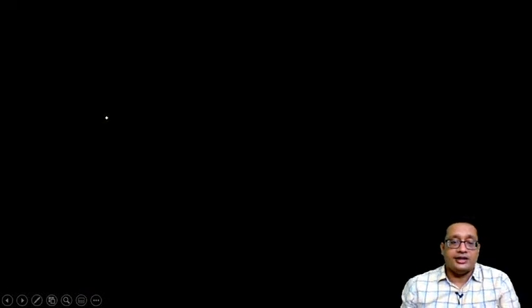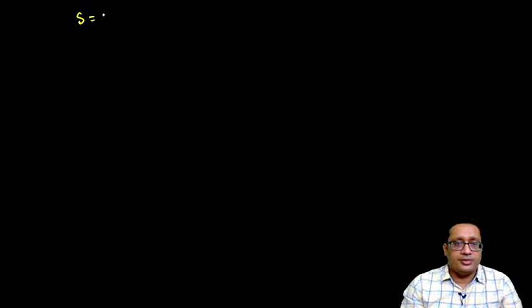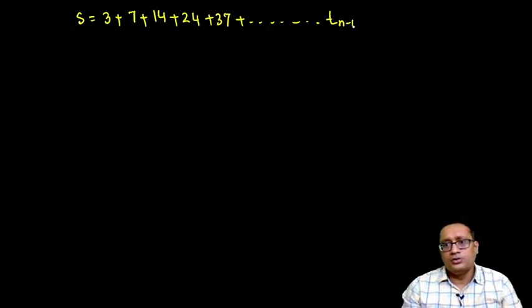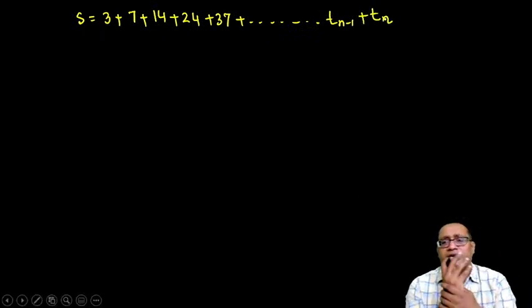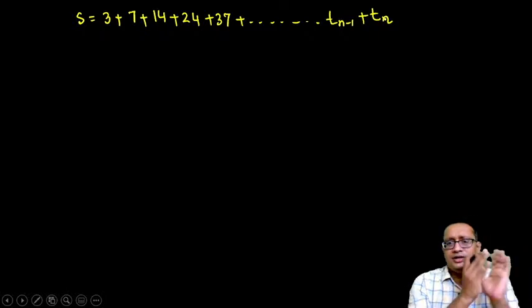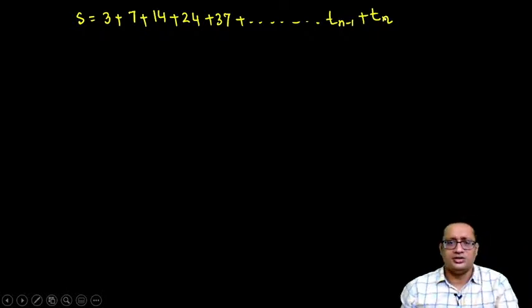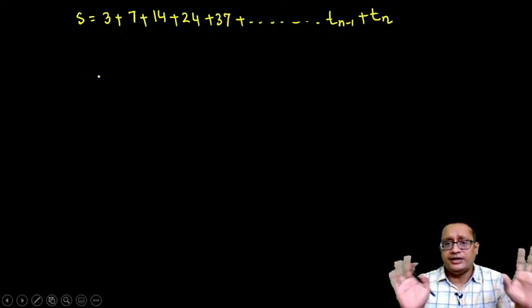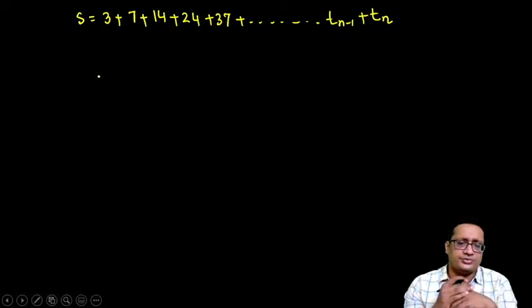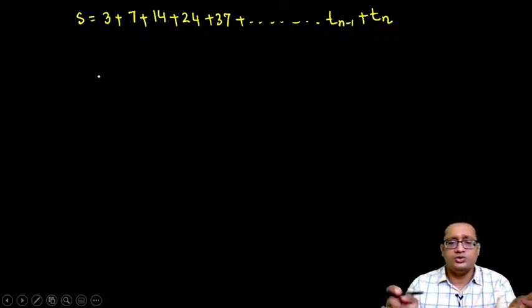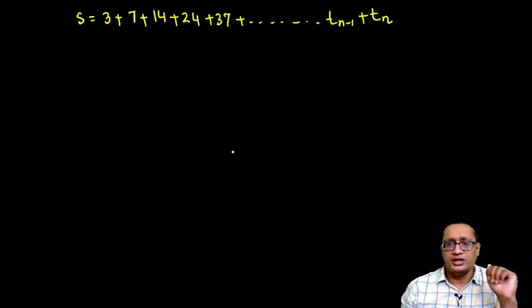So I am writing again, S is equal to 3 plus 7 plus and so on. This is the second method, but I prefer that you use the first method only, so I have done the first method first. In this I am not able to write the nth term, but with this trick I am able to write it. Before that you have to understand the series, that the common differences are in AP.